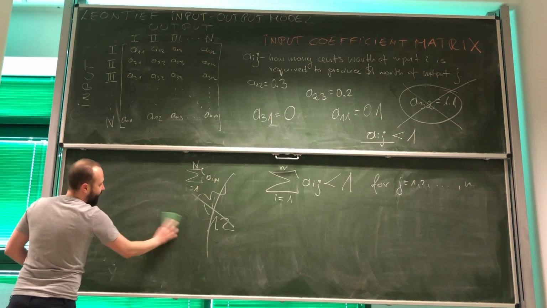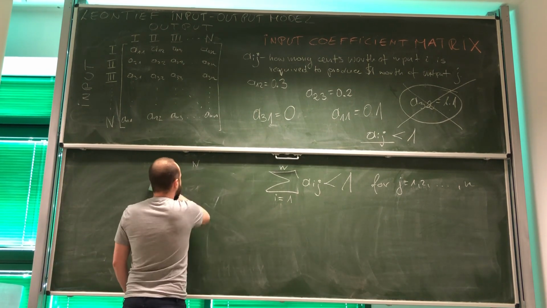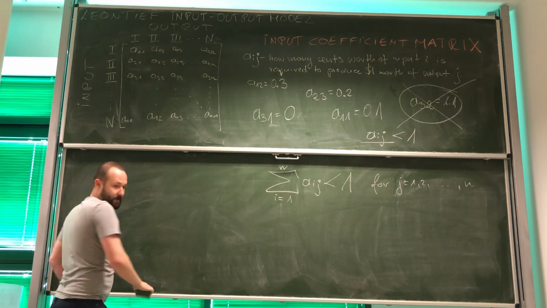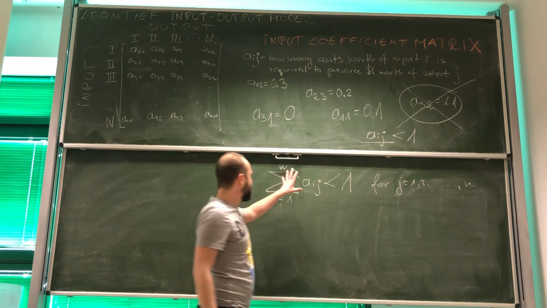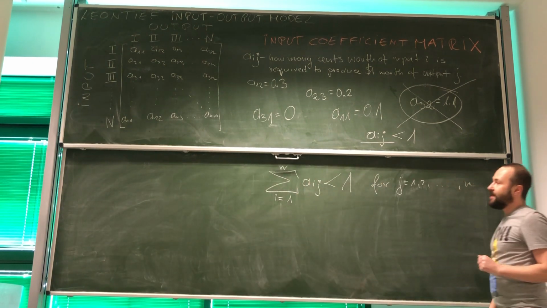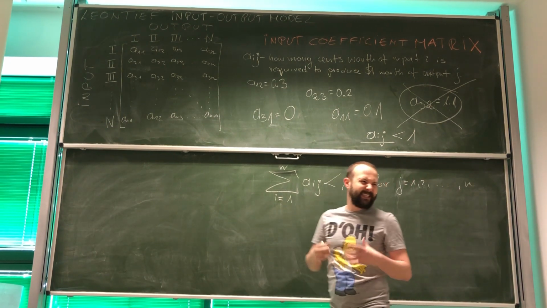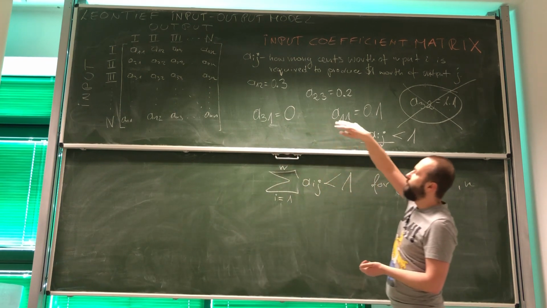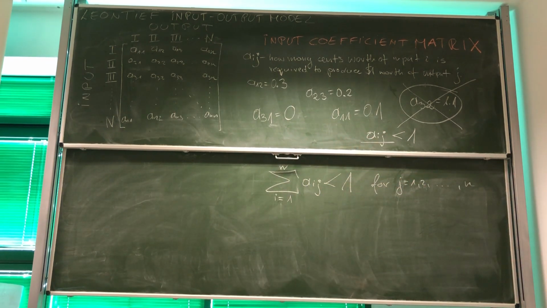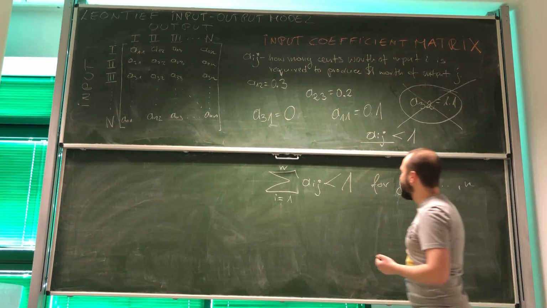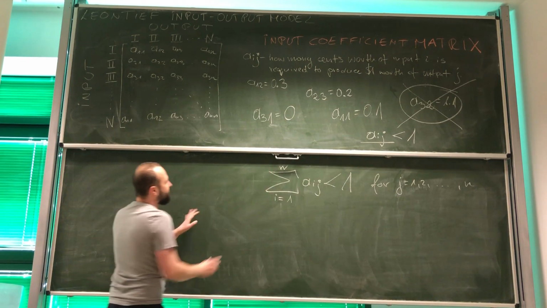Okay, but if this holds, then we know that some amount of money is left after we pay off intermediate inputs. How can we calculate it? Again, we can use this expression.